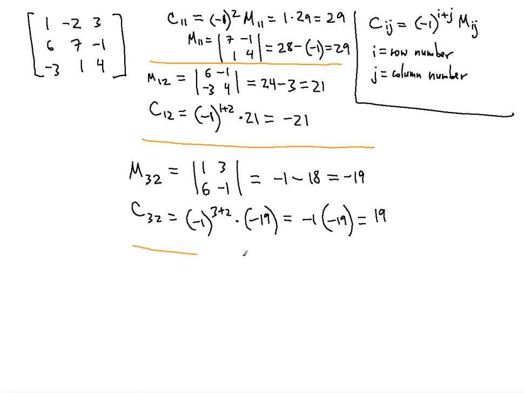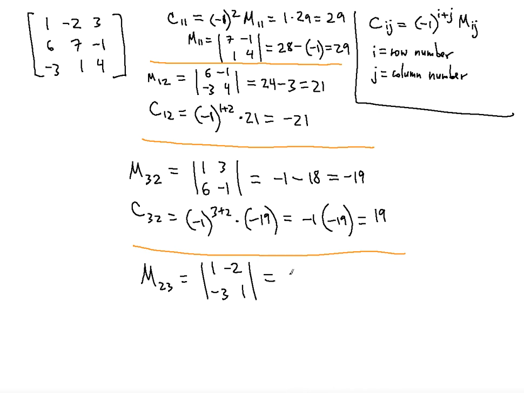And maybe we have time for one more case. Let's do 2, 3. Row 2, column 3 is excluded. So we have 1, negative 2, negative 3, and 1.